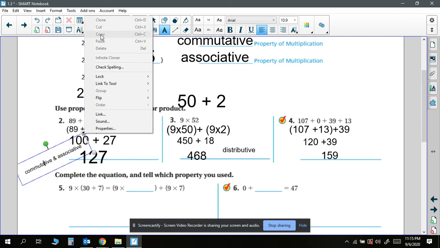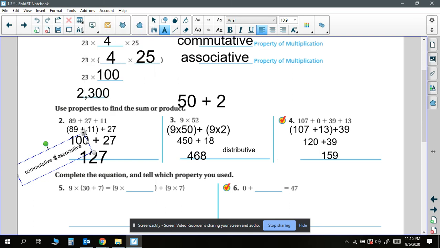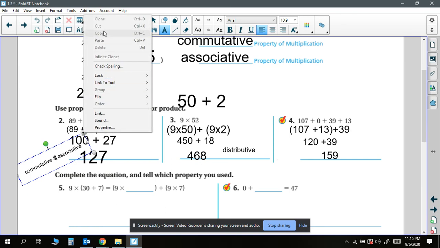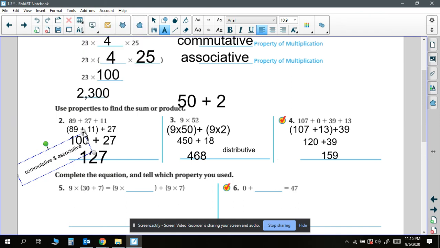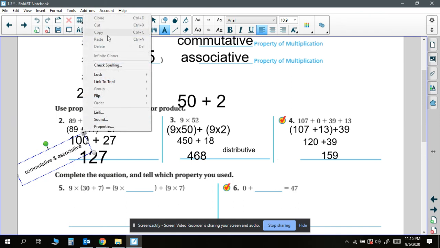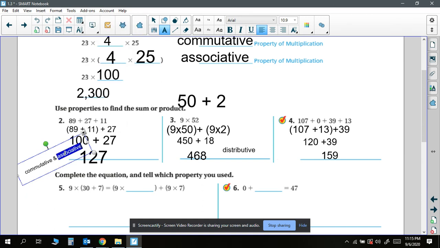Come on. Oh, it's not copying. Let's try to clone it. Nothing's working. Oh, now it's going all over.